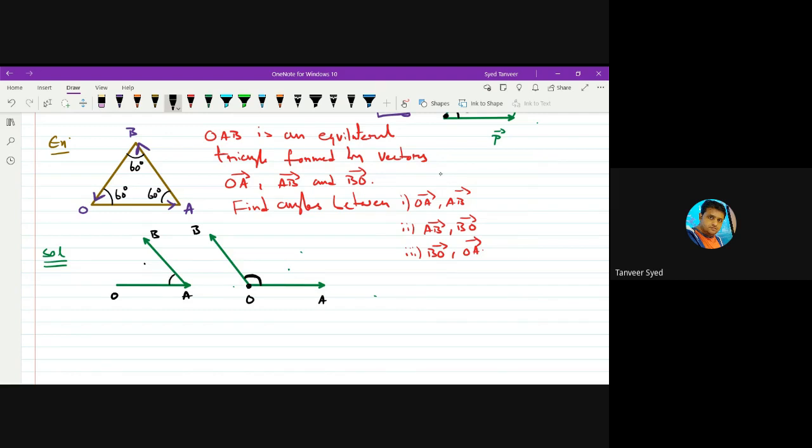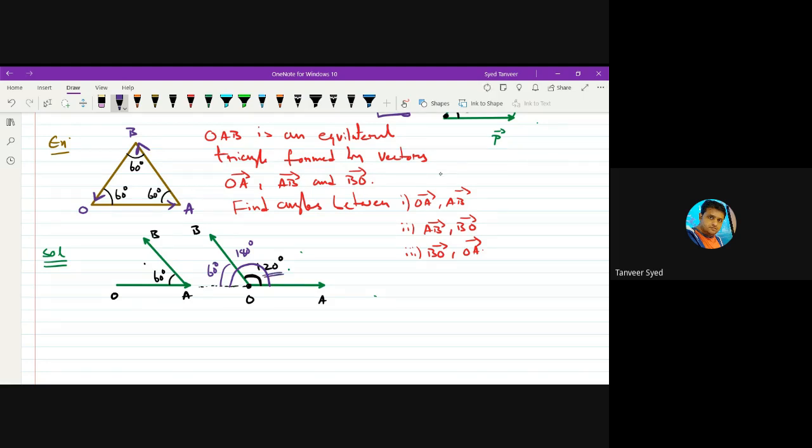This angle was 60 degree because equilateral triangle. This angle will be 120 degree because this is a straight line. Angle in a straight line, total angle will be 180 degree. This was 60 degree. So 180 minus 60, this is 120 degree.